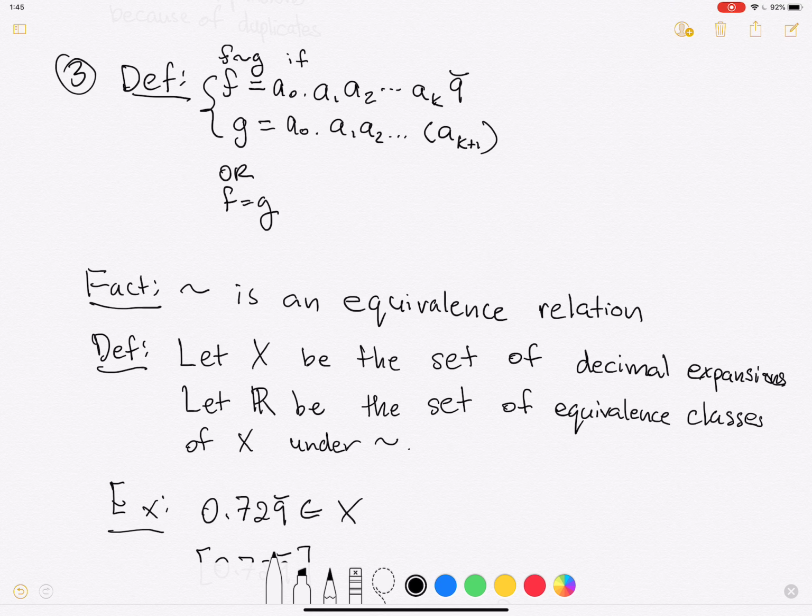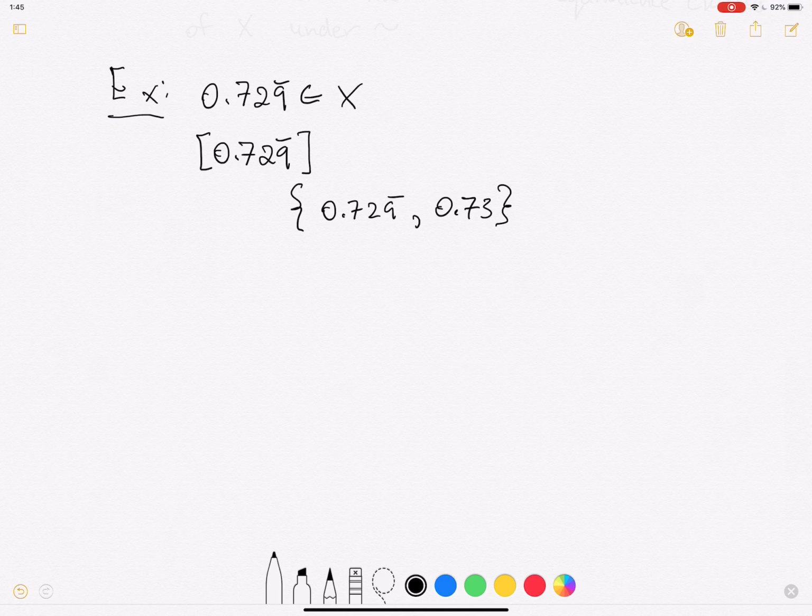I just realized I wrote something wrong. This is supposed to be A_k plus 1, so you add 1 to A sub k. All right, so these are all in R.